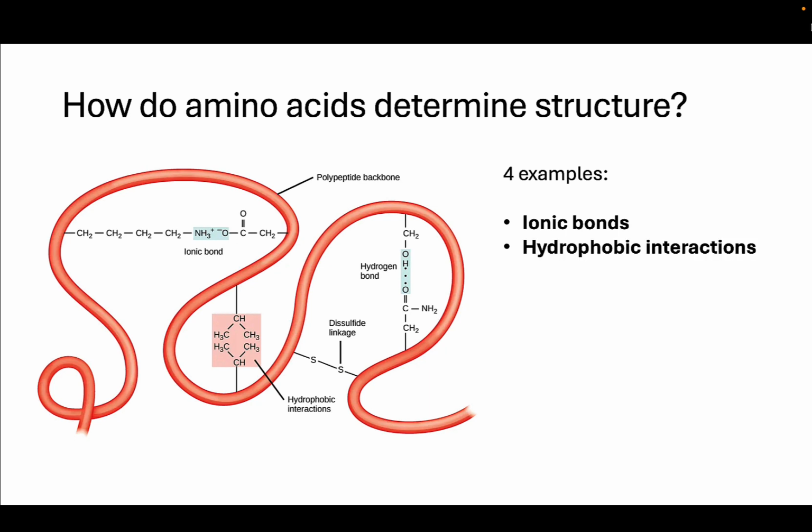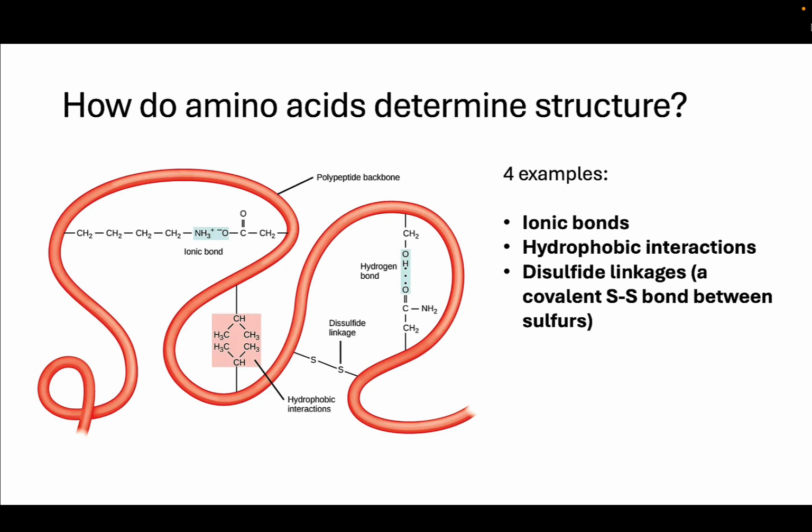Hydrophobic interactions: we know the idea of like dissolves like, and polypeptides are usually going to be in some sort of aqueous environment that is going to push hydrophobic stuff together and pull hydrophilic stuff towards the water. This can cause an interaction between those sites on the polypeptide chain. We saw this disulfide linkage previously, and this is a really important one because this makes a covalent bond, which is stronger than these other classes of interactions.